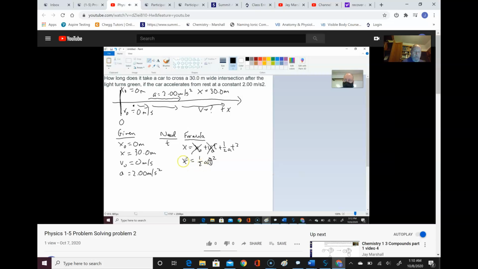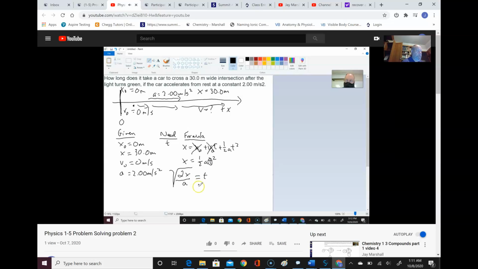So I'm going to multiply both sides of the equation by 2. That'll give me 2x equals at squared, and then I would divide by a, and that would give me 2x over a equals t squared, and then I'm going to take the square root of that. So I know that t equals the square root of 2x over a.